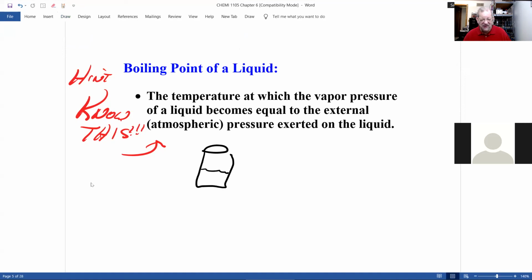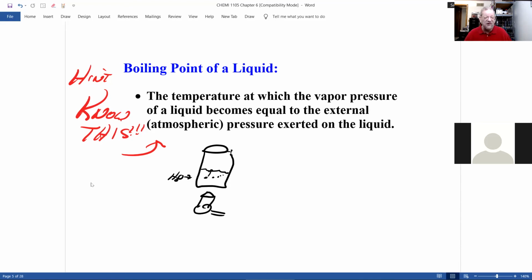If we had a beaker or pot of water and we heat it, say, with a Bunsen burner or a hot plate or a gas stove, you'll start seeing bubbles. Now, bubbles have a lower density than liquid water, and therefore they rise to the surface and collapse.